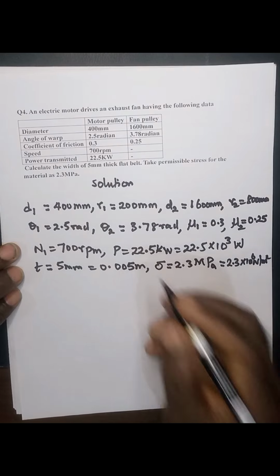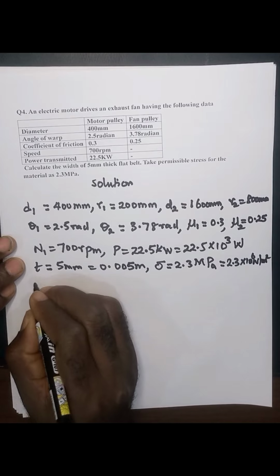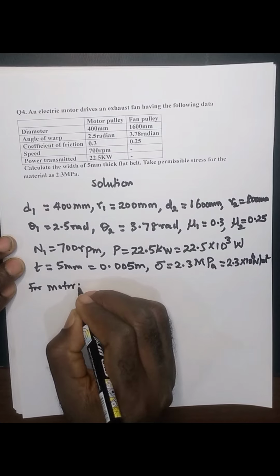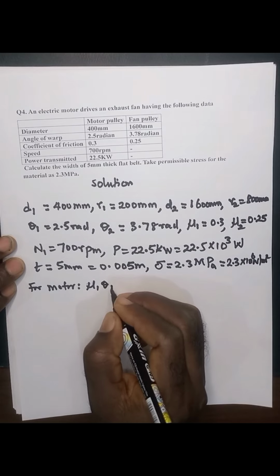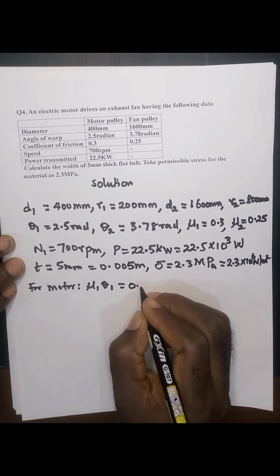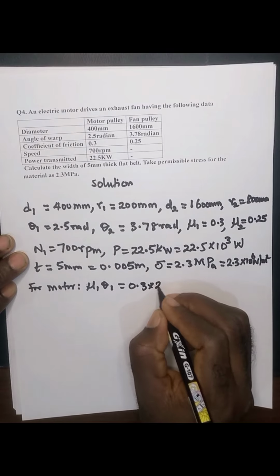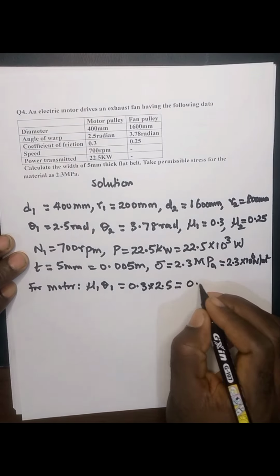Now, let us calculate this. For the motor, we have mu1 θ1, which is equal to 0.3 multiplied by 2.5, and this gives 0.75.